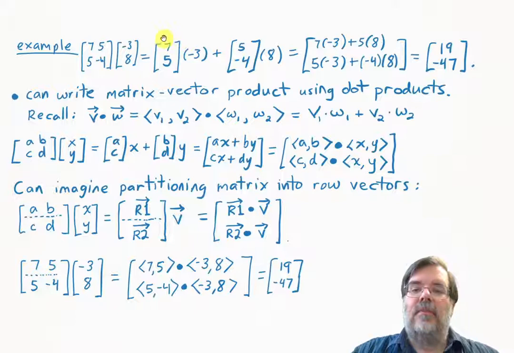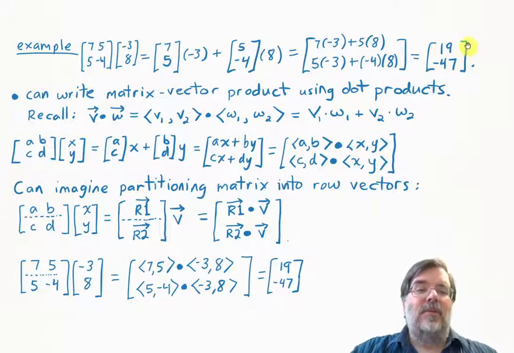So across the top, we have 7 times negative 3 plus 5 times 8, which equals 19. And across the bottom, we'll have 5 times negative 3 plus negative 4 times 8. You add those up, you're going to get negative 47. So this matrix times this vector results in this vector, 19, negative 47.